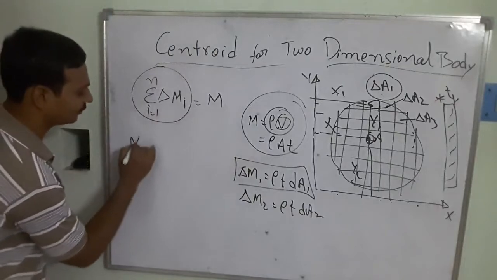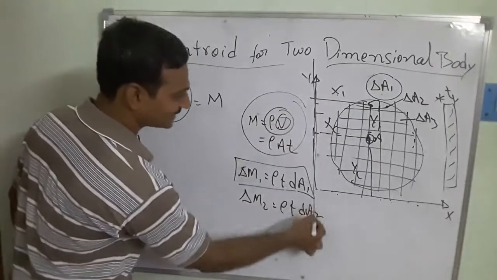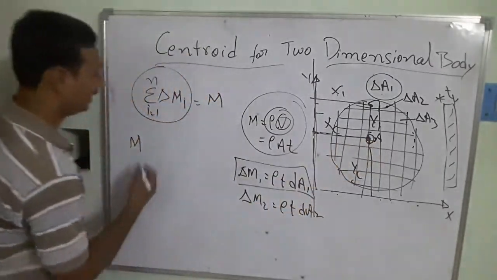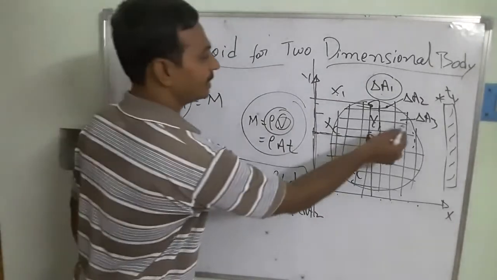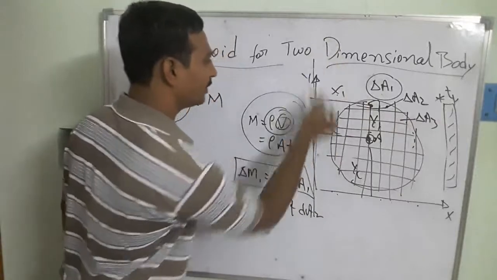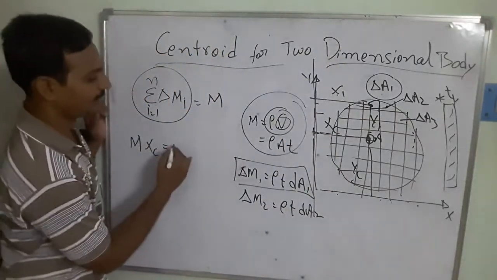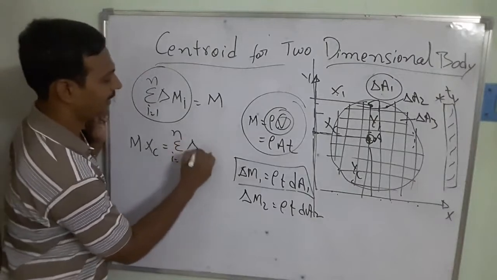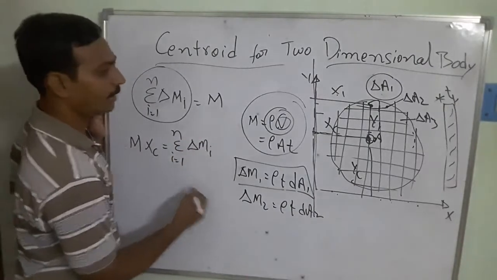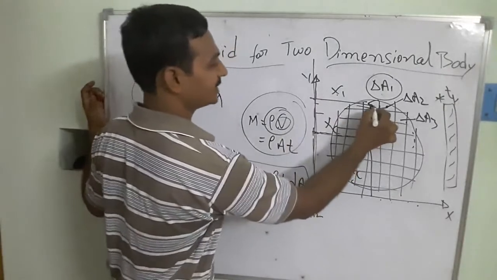That's the mass is going to be located with respect to the y axis, at what distance we will have, the xc distance we will have, that is equal to the summation of all the elements with respect to the y-axis we need to take. That's going to be here the sigma i is equal to 1, del mi. And what is the distance? x1 distance is there.